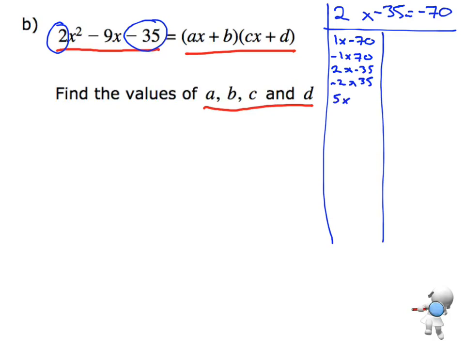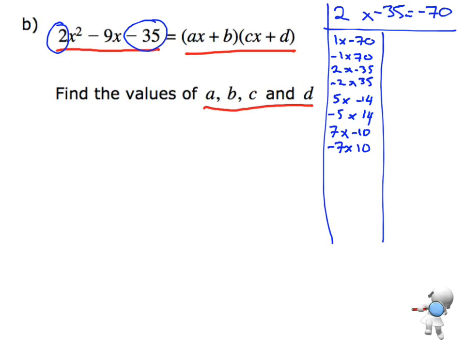We could do 5 times negative 14, or negative 5 times positive 14. I couldn't do a 6. I could do a 7, so I could have 7 times negative 10, or negative 7 times positive 10. Can't do 8, can't do 9, and that takes me to 10, so that's my list of factors there.